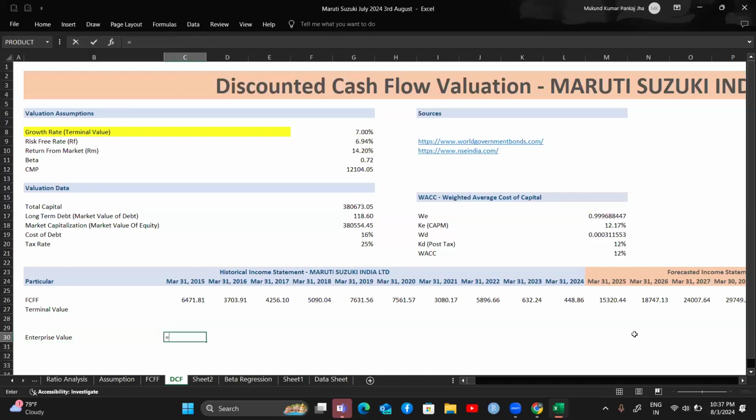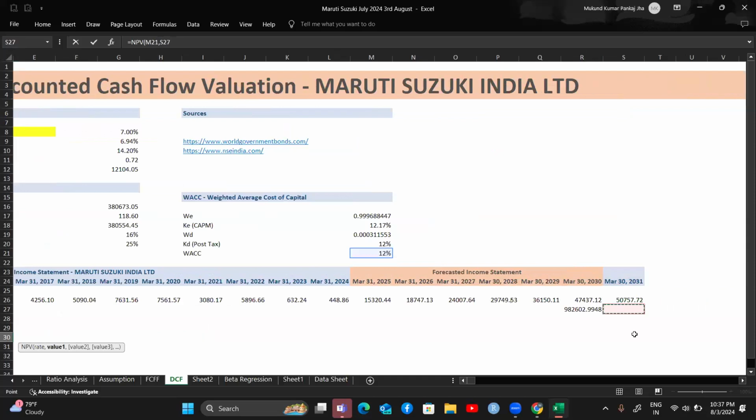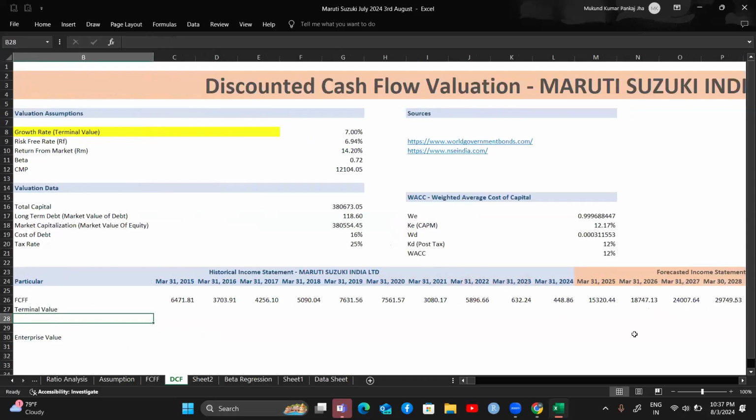So I am going to use the NPV function: equals NPV. The rate that I am going to use is WACC, comma, I have been asked for value 1, 2, 3. First of all, I will have to calculate the total of FCFF and terminal value for this year.